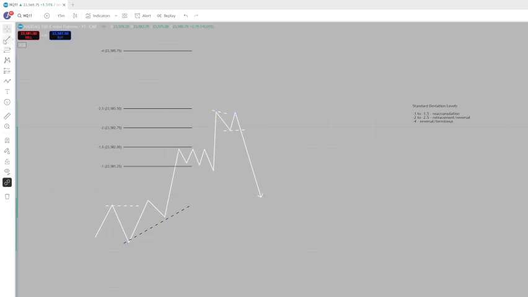Or if it shows no signs of reversal and it goes up to -4, then you look for the same thing, S&T, CSD confirms reversal.